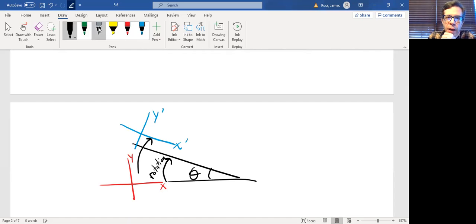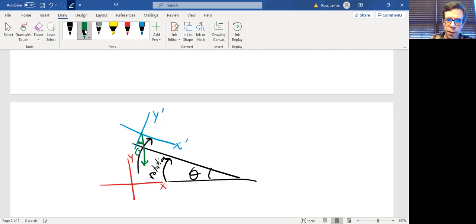So now if I look at a vertical line here, like gravity, for now I'm just going to stick it as a general vertical line. Then this angle is the same rotation as this.